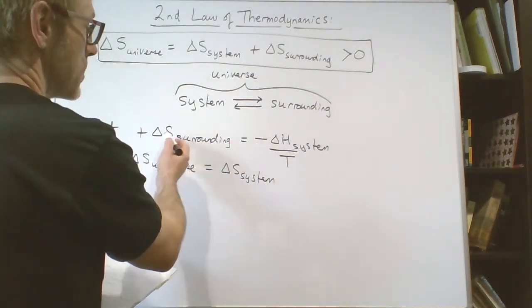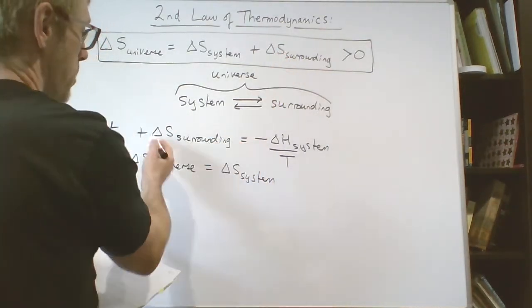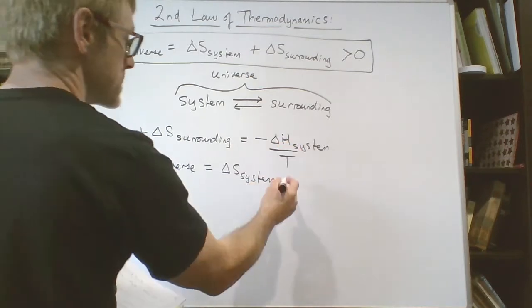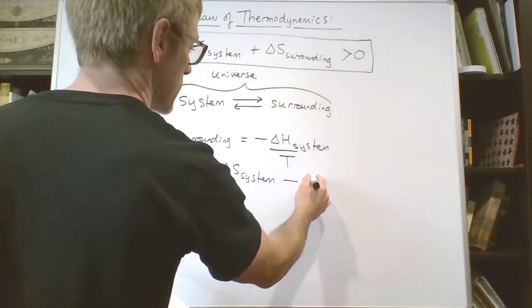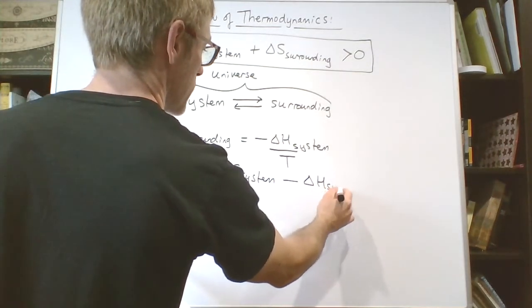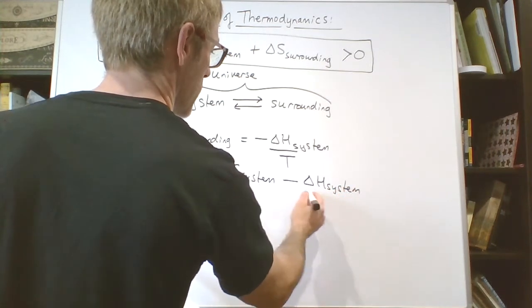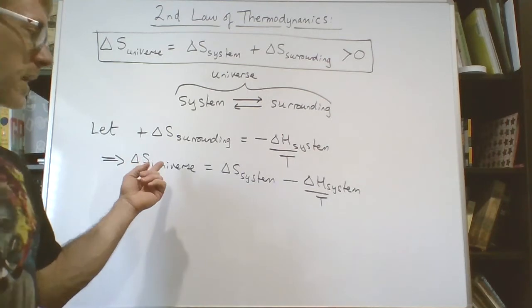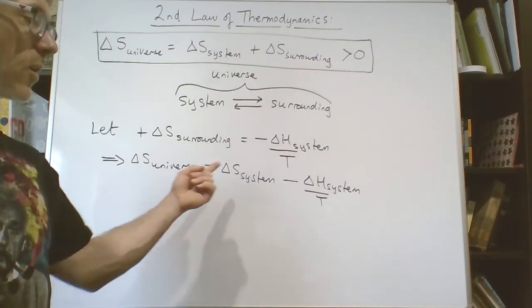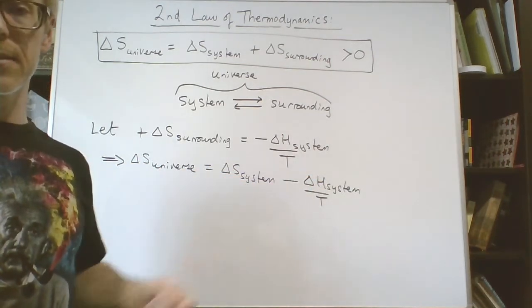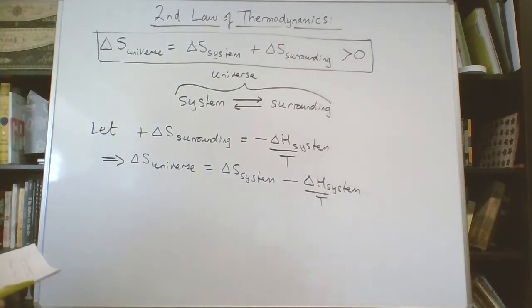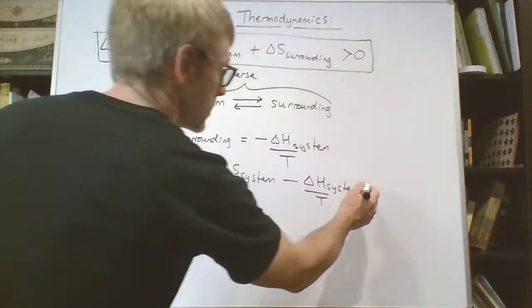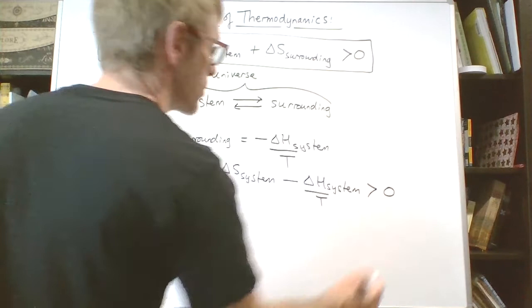And now rather than positive this term is equal to negative this term, so I can write negative this term. In doing this now, I've got the universe defined in terms of just the system. And I can say that this whole term is now greater than 0.